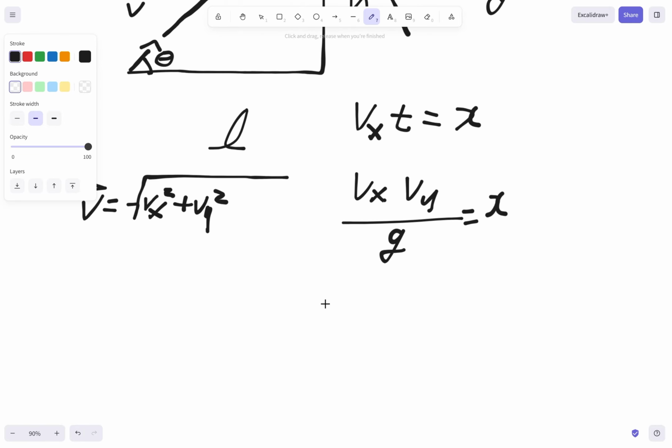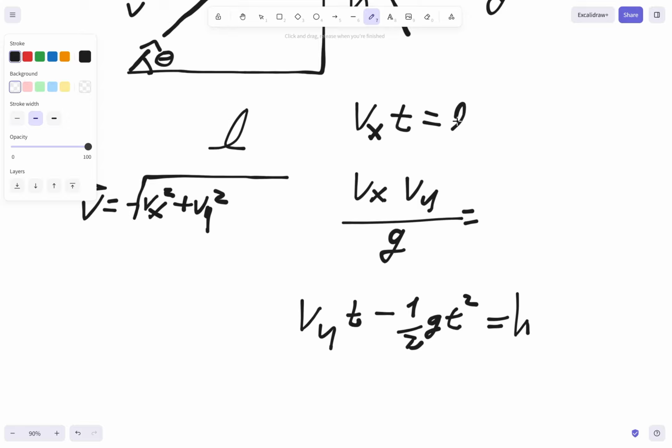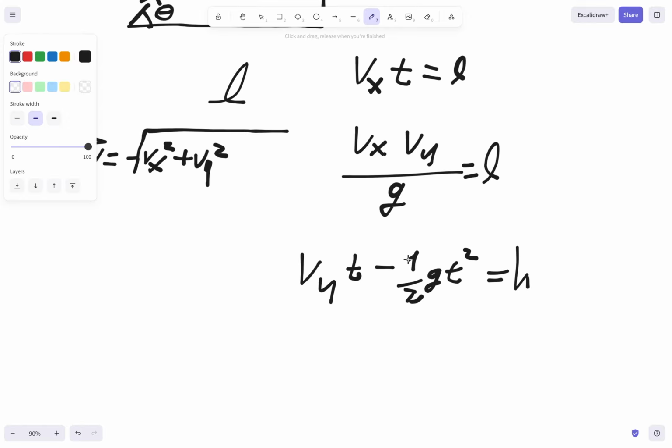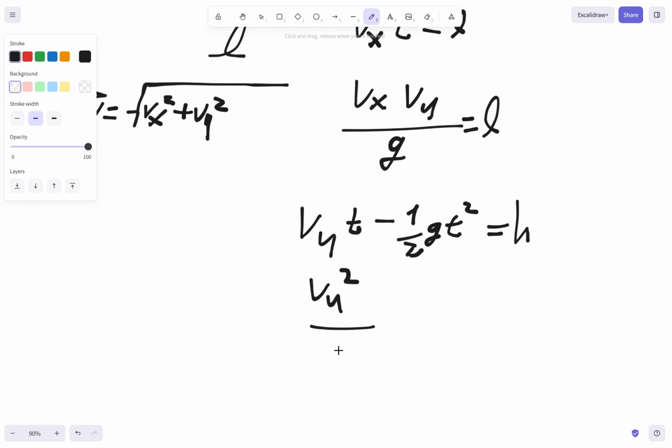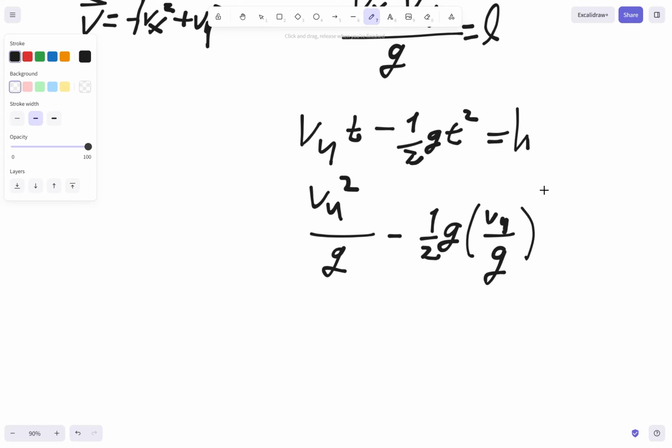And then now we have to do Vy. What is Vy? So Vy t minus 1/2 g t squared equals y, or I guess you could say h. Oh yeah, and for this one you could say L. So here we go. Vy squared all over g minus 1/2 g Vy squared all over g squared equals h.